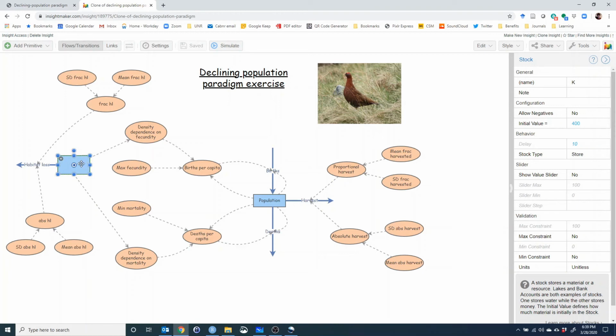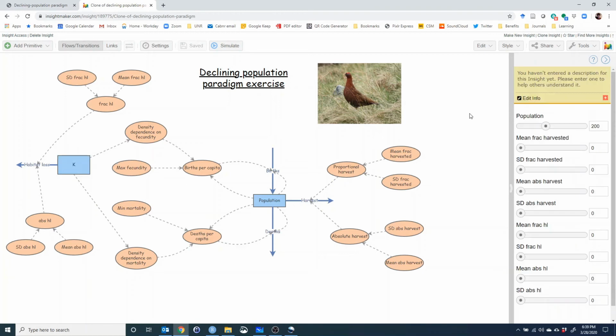All right, so make sure you remove any harvest process that's in your model. Make sure all these are set to 0, because we're going to focus now on habitat loss. So first, let's run a scenario where 10% of the habitat is lost every year. This is the mean fractional habitat loss.